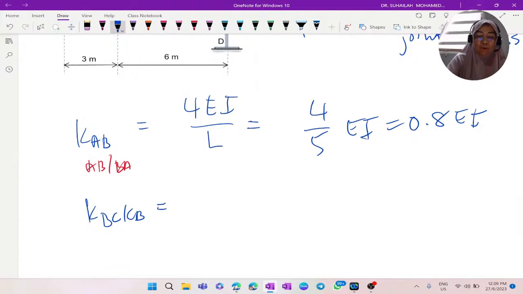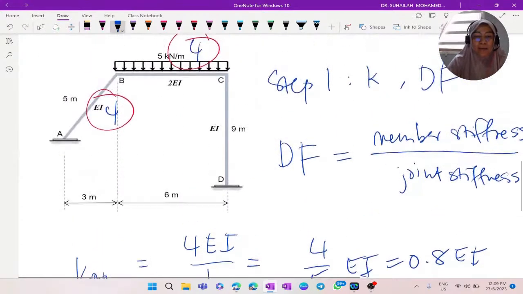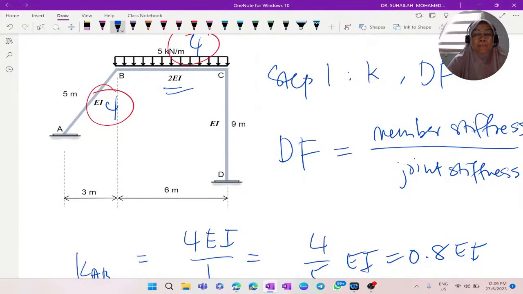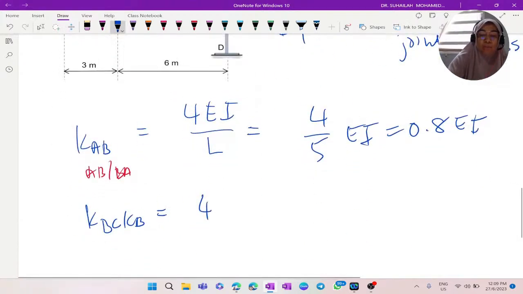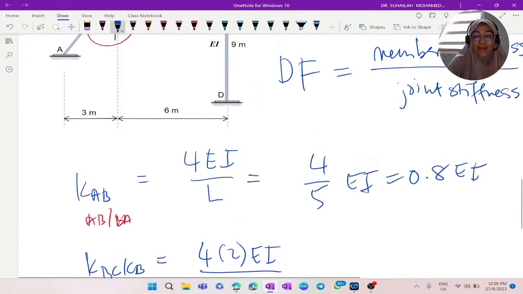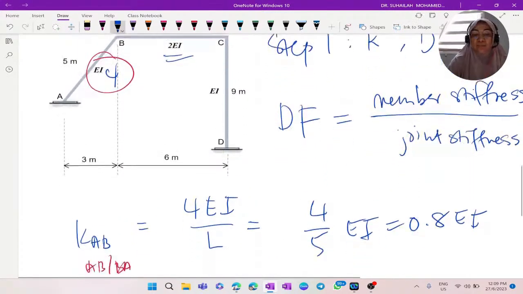Look at the diagram, the EI for member BC is 2. So we have to include in the formula 4 times 2 EI over the length. The length is 6 meter.